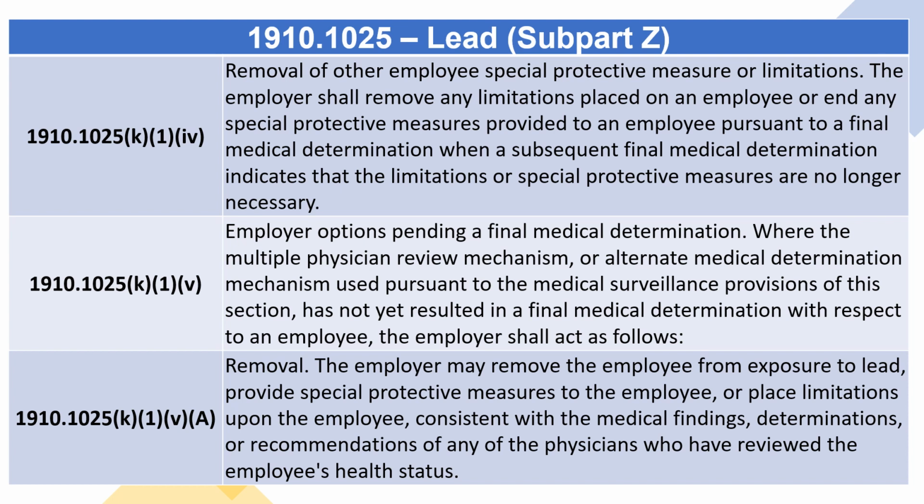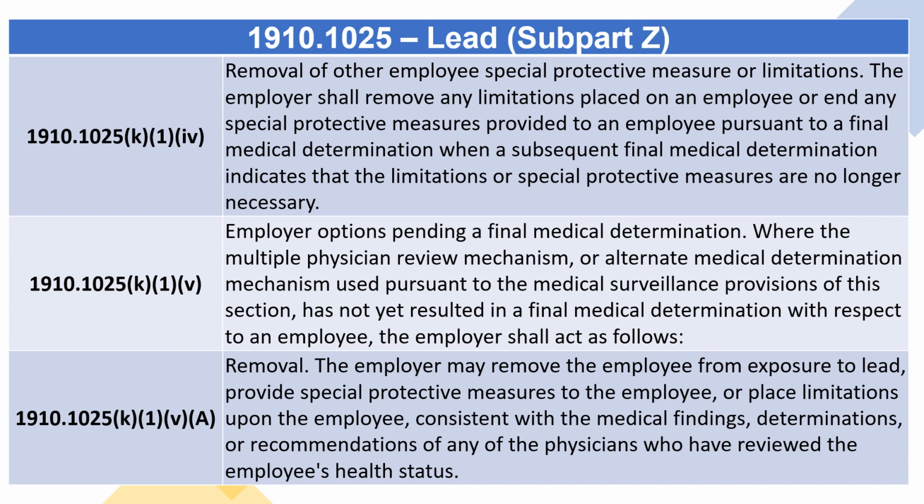The employer shall remove any limitations placed on an employee and any special protective measures provided to an employee pursuant to a final medical determination when a subsequent final medical determination indicates that the limitations or special protective measures are no longer necessary.